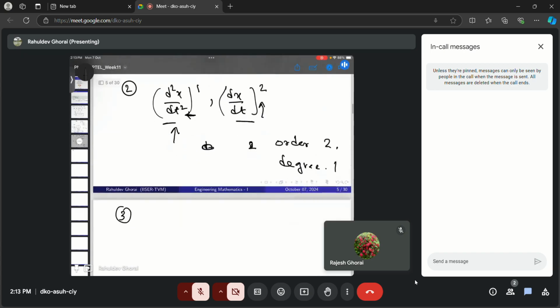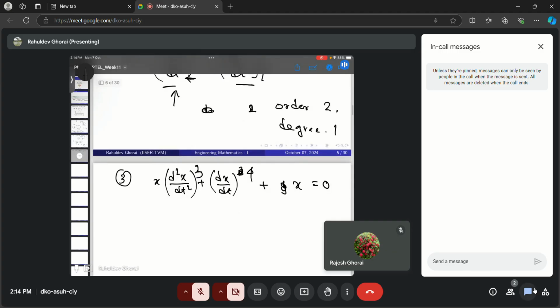Let's say you have to find the order and degree of d2x/dt2 plus dx/dt to the power 3, d2x/dt2 to the power 3, and 4 plus y plus x equal to 0.